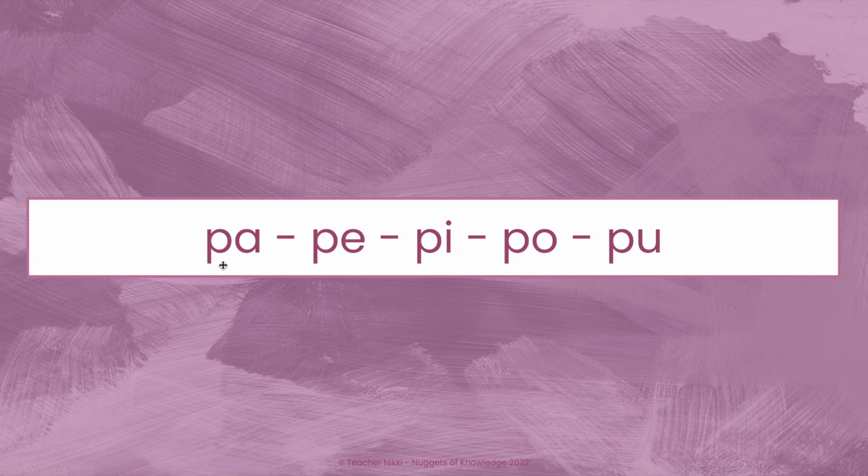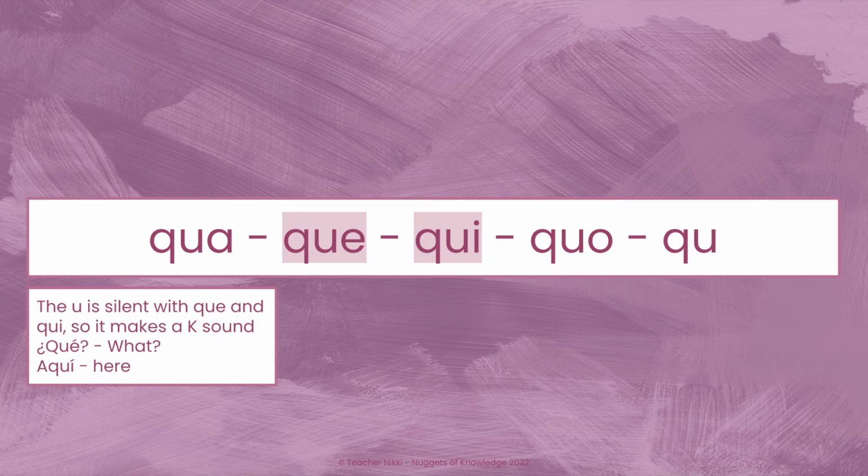Pe, pa, pe, pi, po, pu. Cu. So the U is silent when you have the QUE and the QUI, so it makes a k sound. Like the word what is ke, not kwe.